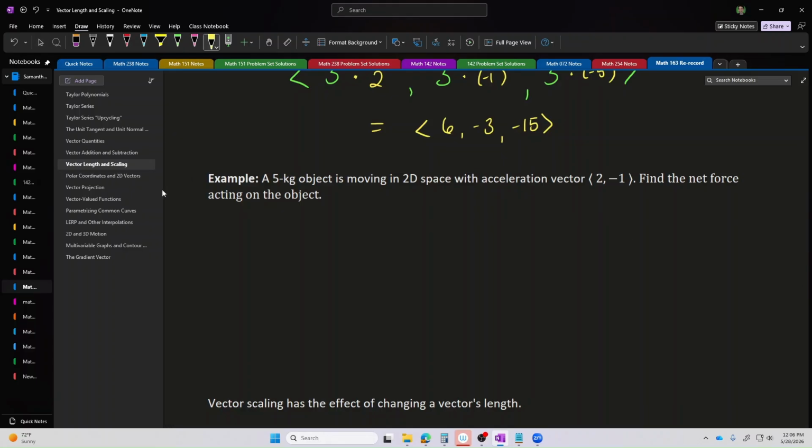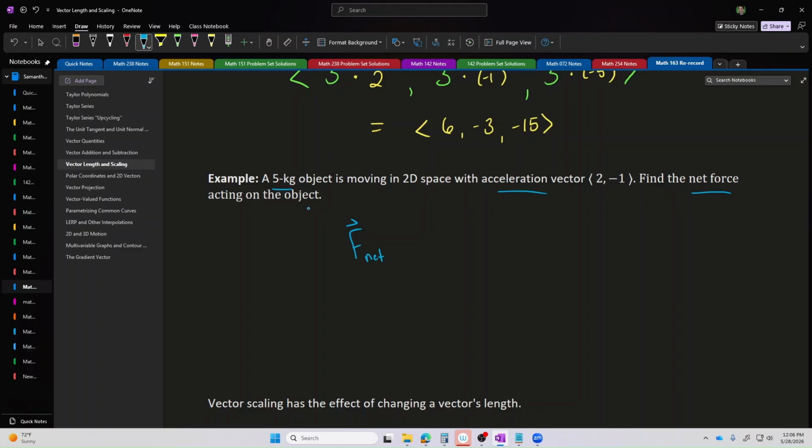Now, what's going to save us, again, is another foundational physics equation, which relates net force, acceleration, and mass. And the equation that we're going to use is the equation F equals ma.